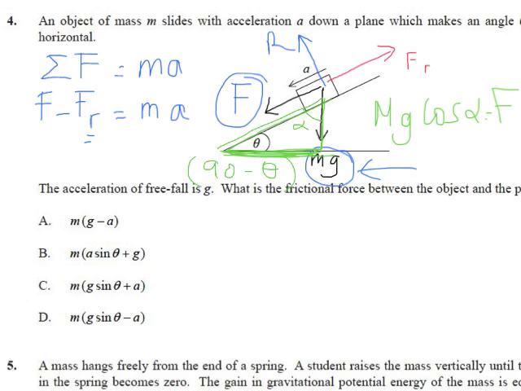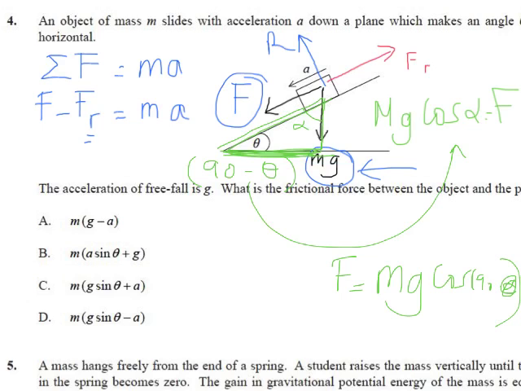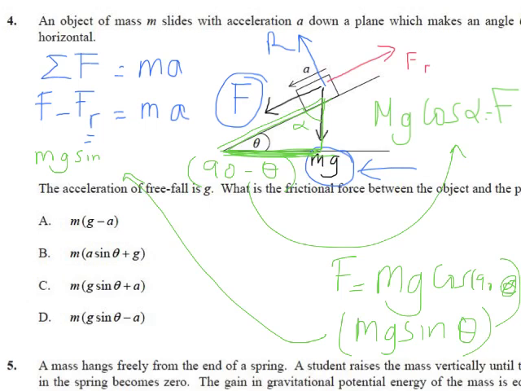If we put that back into here, we have F equals mg cos(90 minus θ), or mg sinθ. Now, where does that take us? If we go back up here, F, mg sin of the angle, minus friction equals ma.